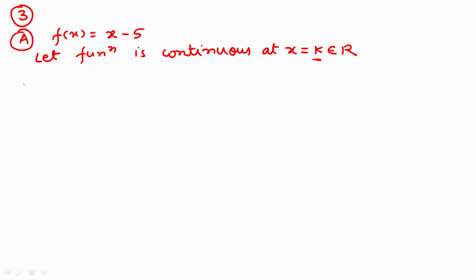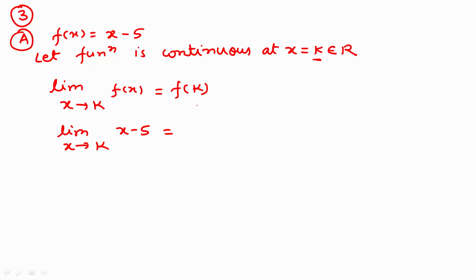So as the function is continuous at x is equal to k, where k belongs to R, the limit as x tends to k of f(x) is equal to f(k). Limit x tends to k, the function is x minus 5, and for f(k) we take again the function x minus 5 and put the value x is equal to k, so this will be equal to k minus 5.